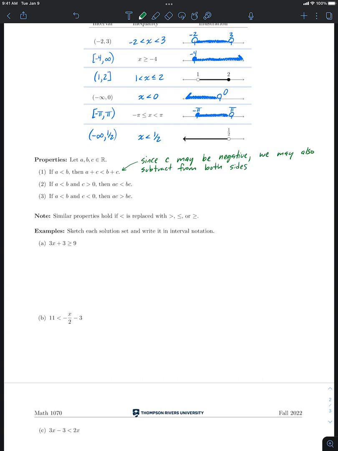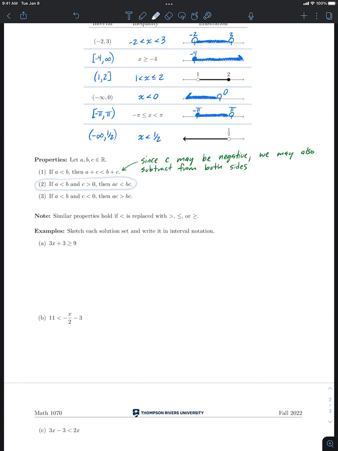And we say that the inequality is preserved in the following sense. It was a less than symbol here. Well, you're still going to have a less than symbol in the resulting inequality. Okay, so that's two things you can do. You can add something to both sides of an inequality, or you can subtract something from both sides of an inequality. What does the second one say?